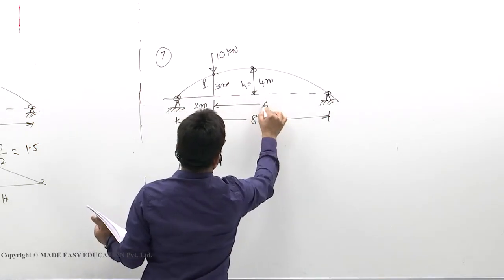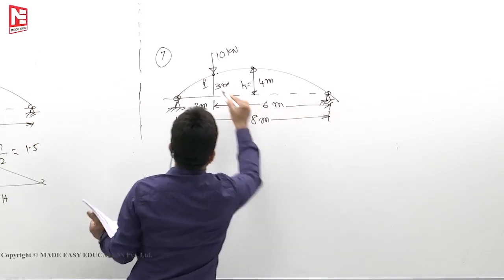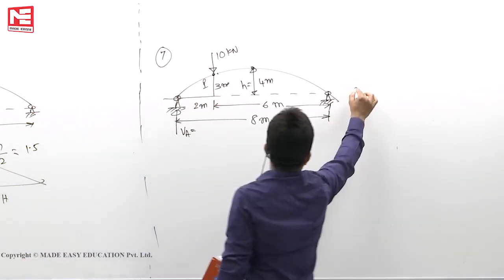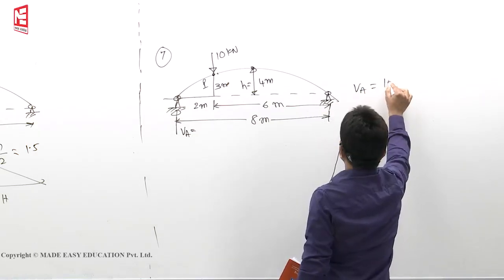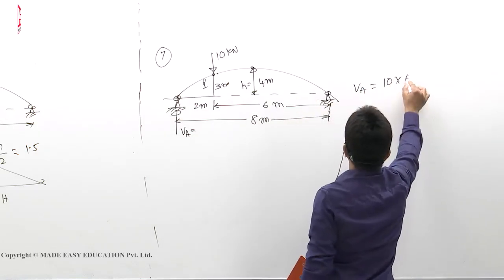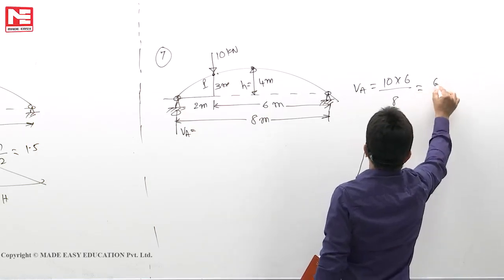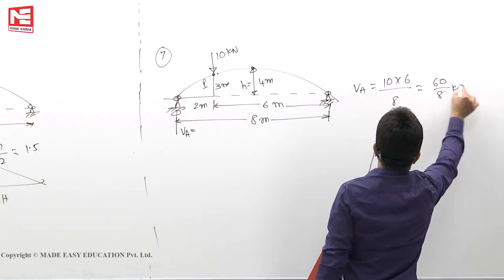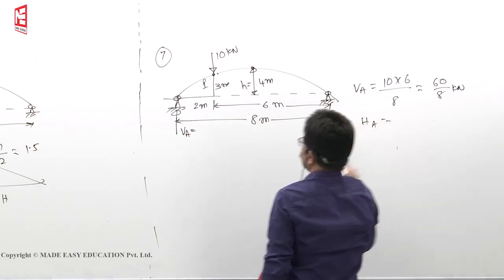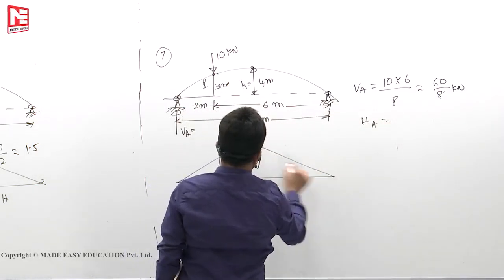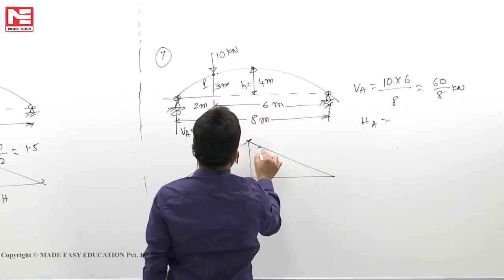This is 6 meters. Bending moment at P means analysis only is better. VA is WB by L. So 10 into 6 by L, which is 8. So 60 by 8. Then HA. To find HA, see W L by 4H, we will write it. This is L by 4H.